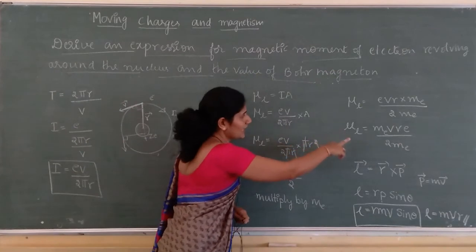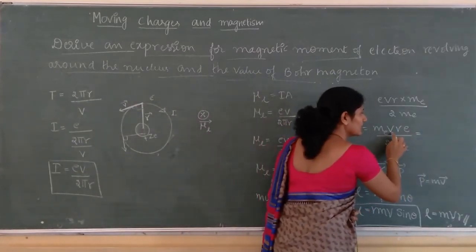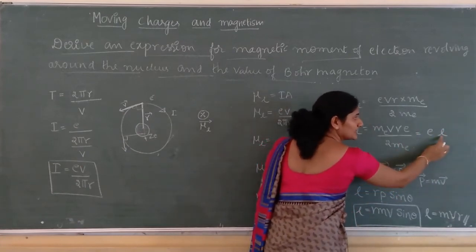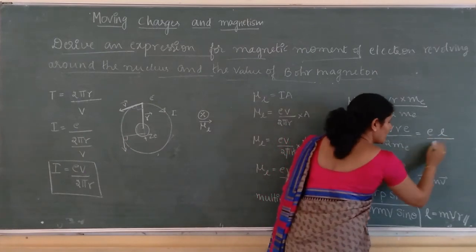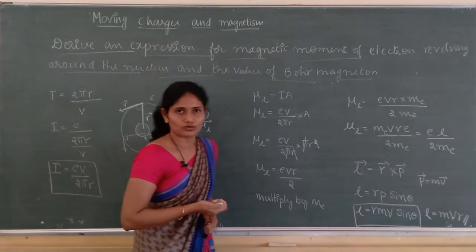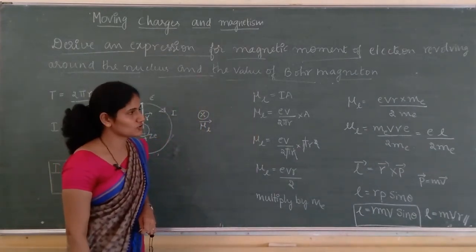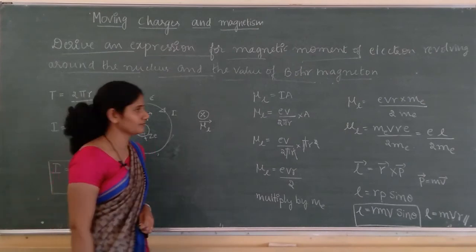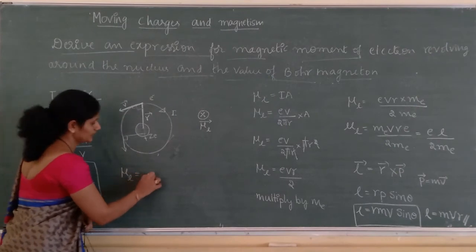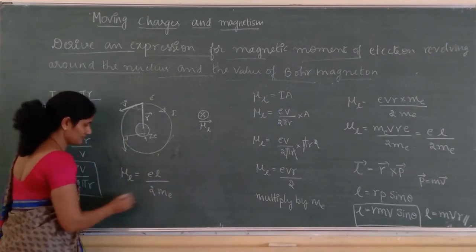Here we have mvr into E. So, mvr is nothing but L, E into L divided by 2 into me, where me is the mass of the electron. So, that is the expression for the magnetic moment of the electron in terms of angular momentum, that is, mu L is equal to E into L divided by 2me.